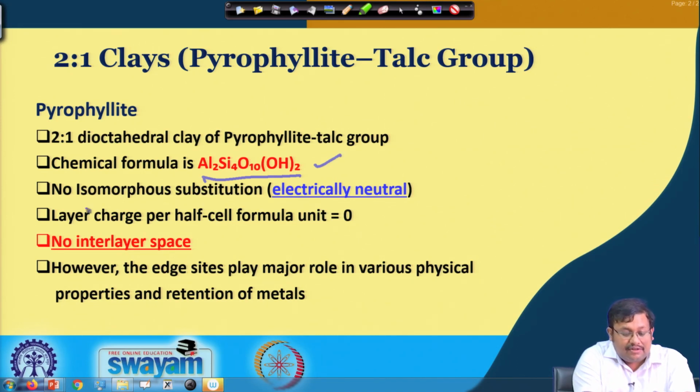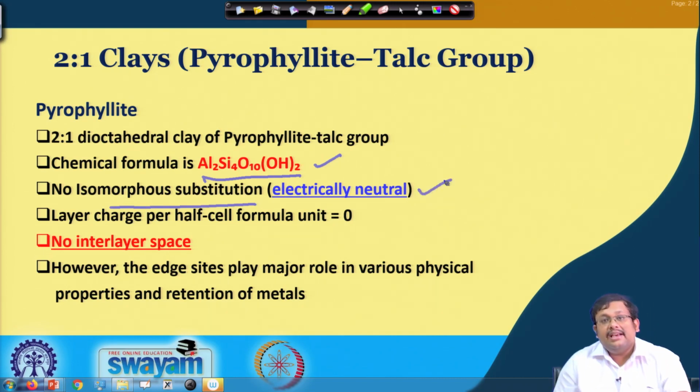This is a characteristic feature of pyrophyllite, and as a result it is electrically neutral. Since it is electrically neutral, it has 0 layer charge per half cell formula unit. In clay minerals, we generally use the half cell formula unit to define chemical composition and layer charge. So, in the case of pyrophyllite, we have 0 layer charge.